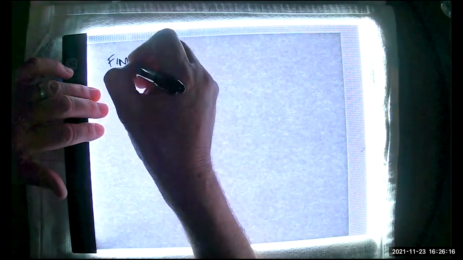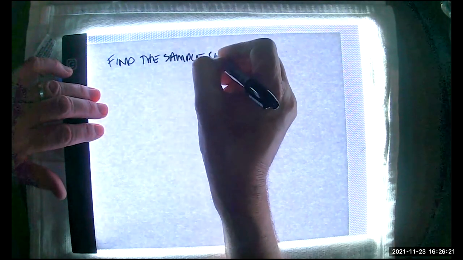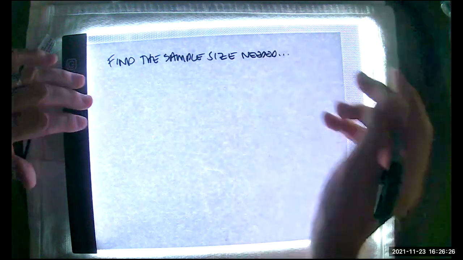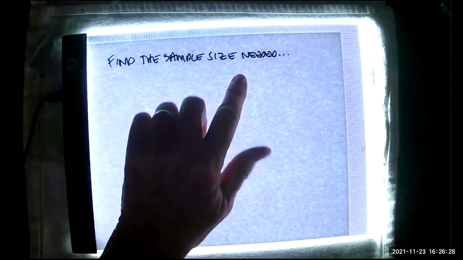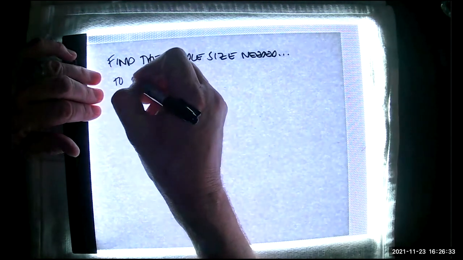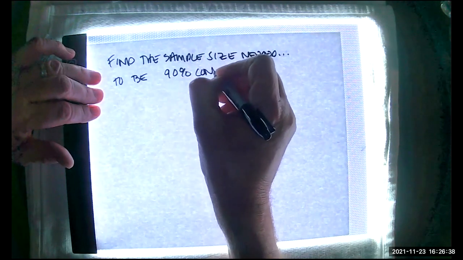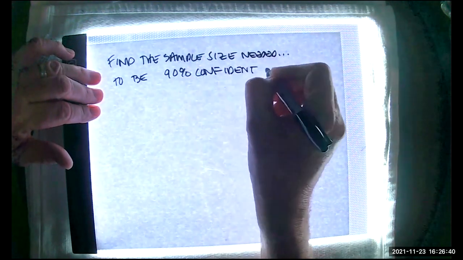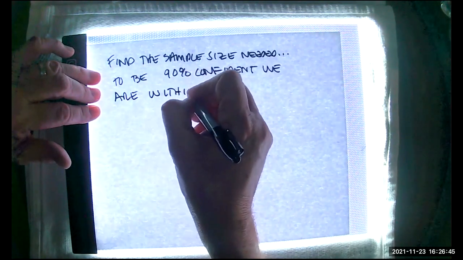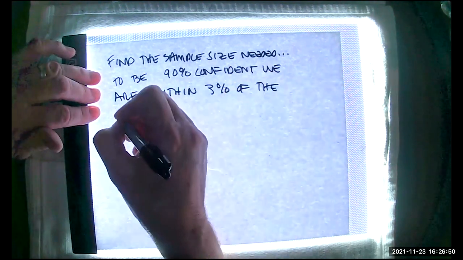So the questions will look like: find the sample size needed. And that's always a clue because it says find the sample size needed to be 90% confident we are within 3% of the true proportion.